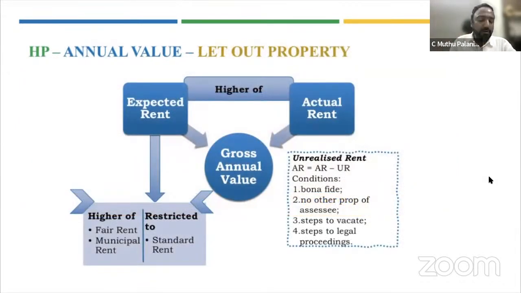Now we'll understand each of them. First, the gross annual value. To know it, we take the expected rent versus the actual rent. Expected rent is the higher of fair rent and municipal rent, restricted to standard rent.